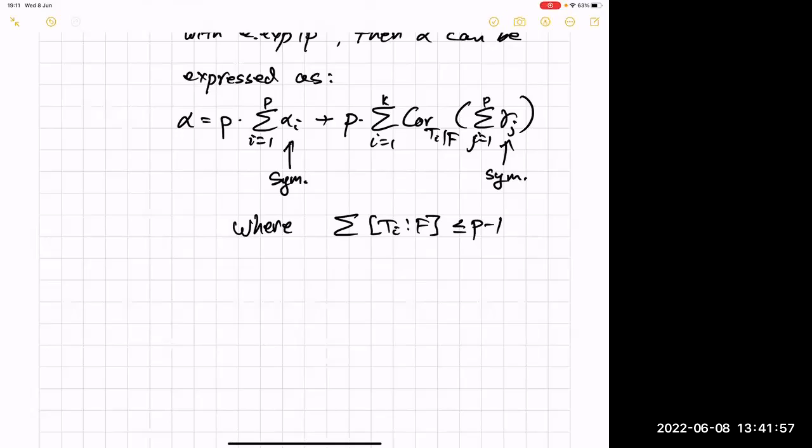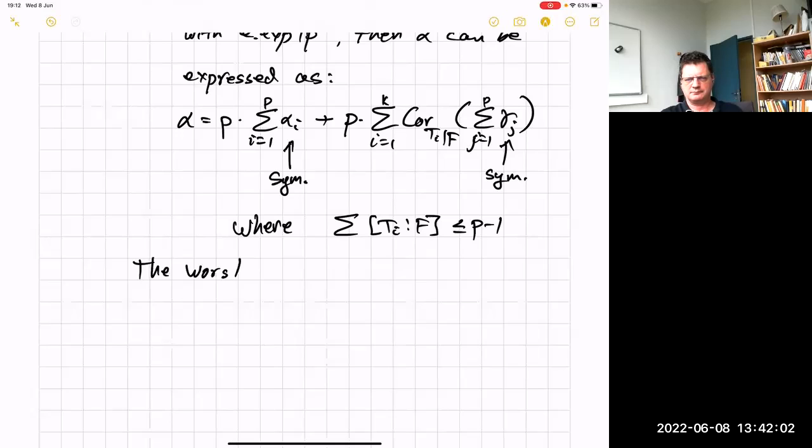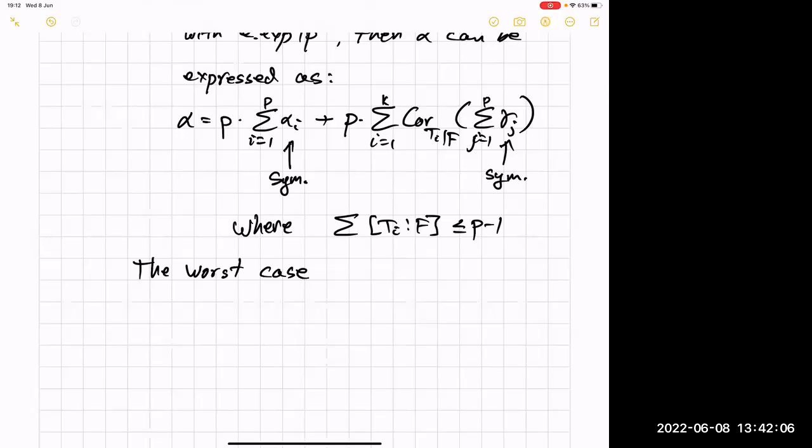And the worst case is when we only use one T. That is, we're doing co-restriction from a very big field extension instead of splitting it into a few co-restrictions from lower field extensions.